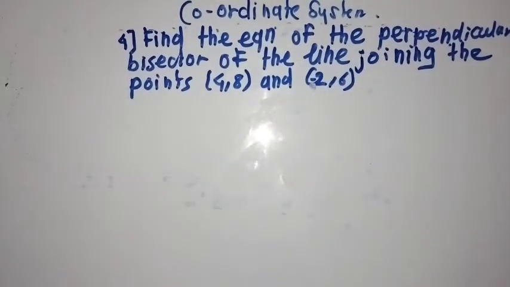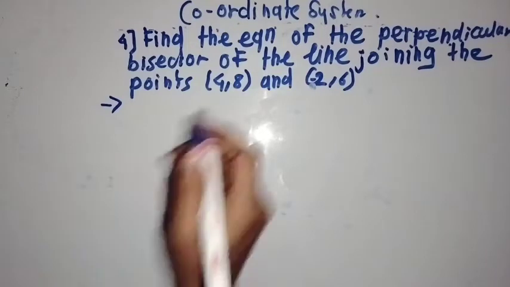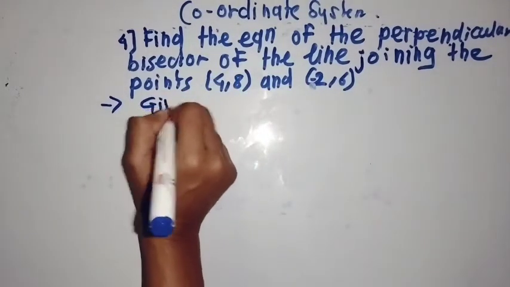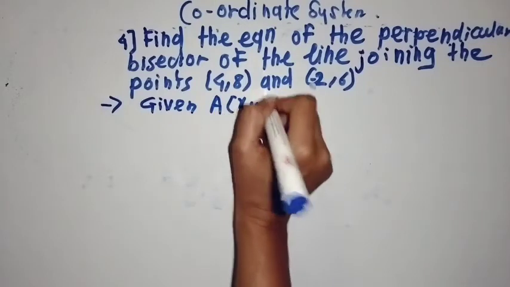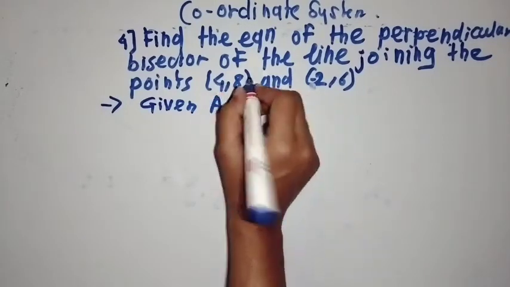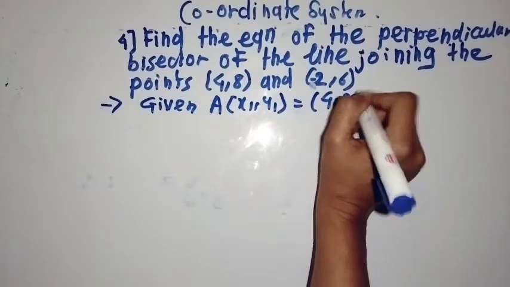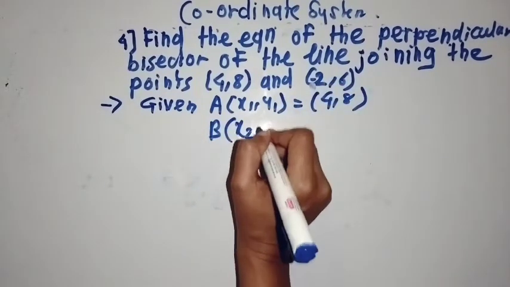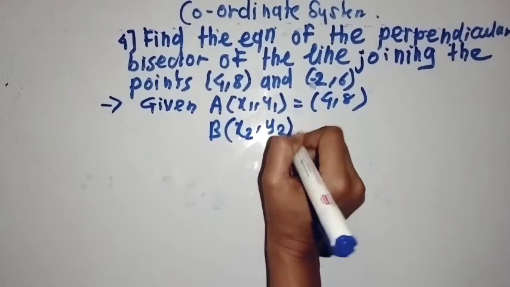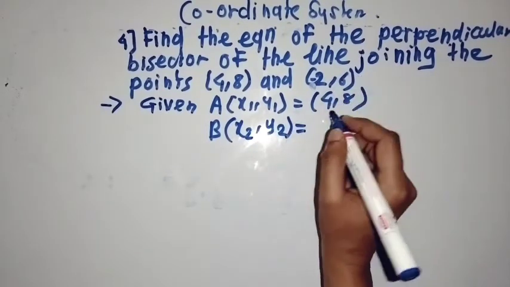How to find the equation of the perpendicular bisector? Here first, given A(x1, y1) is equal to (4, 8) and B(x2, y2) is equal to (minus 2, 6).